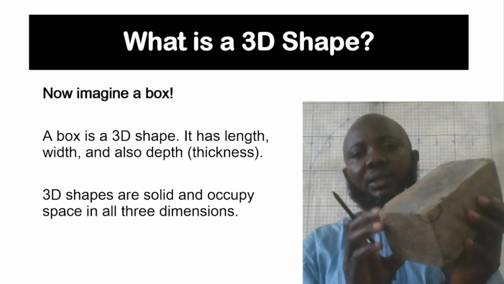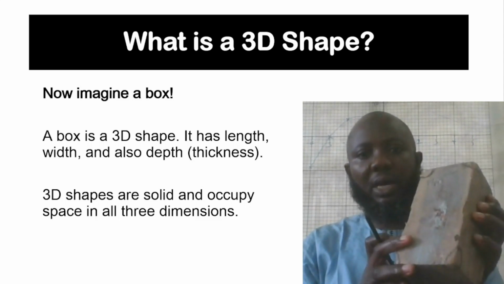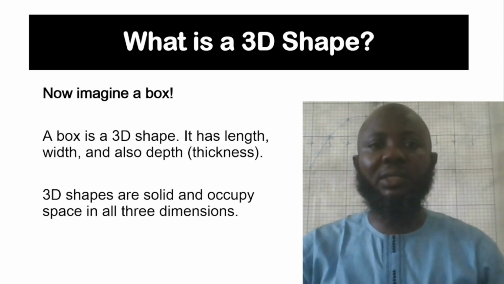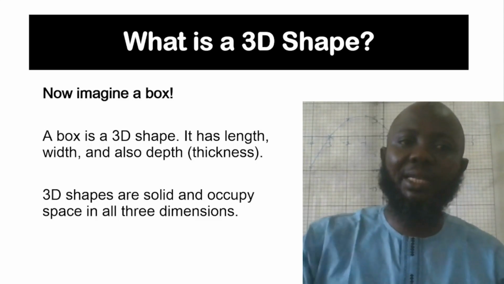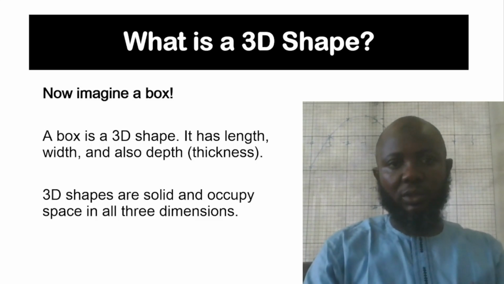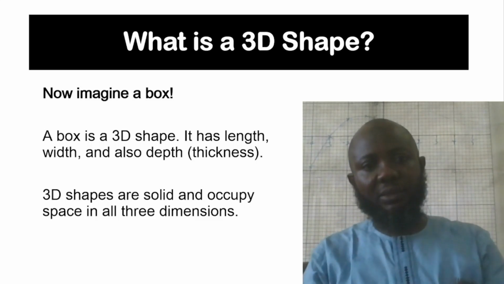The length is there and the height is also there. I hope this is very clear. So a box is a 3D shape because it has length, width, and also depth, which is thickness.